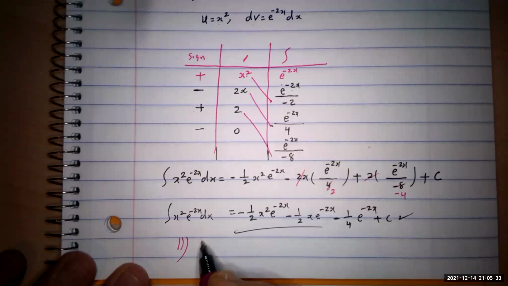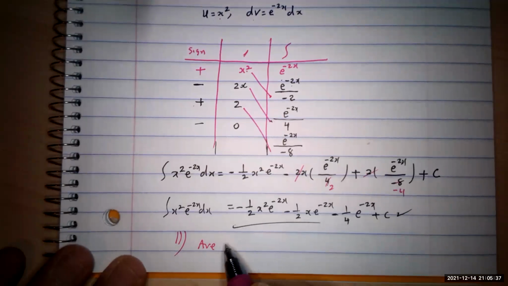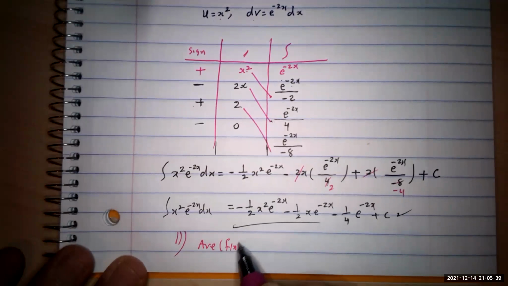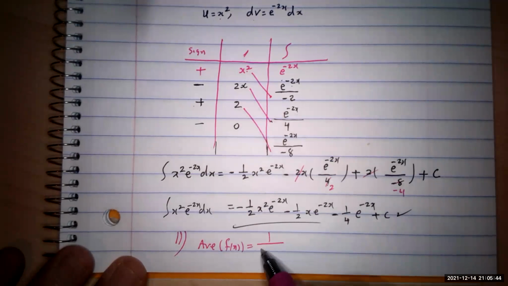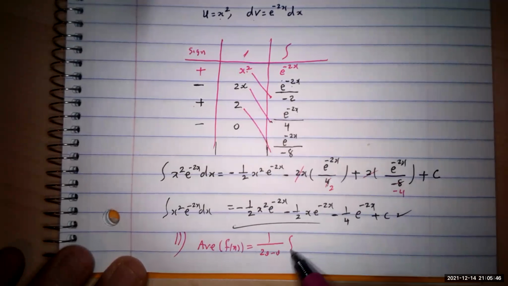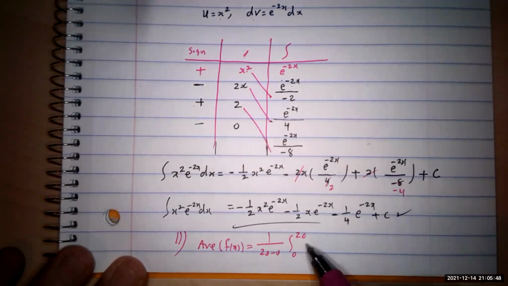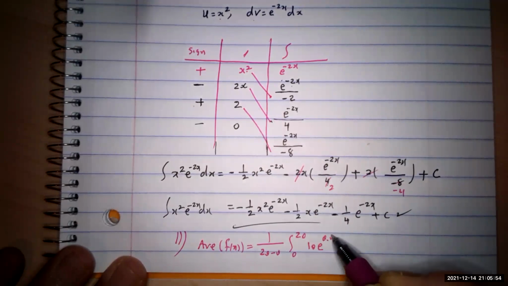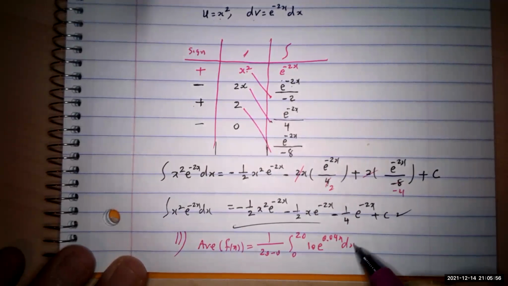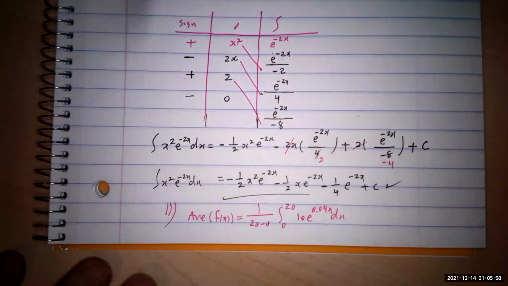Average value. You know that this is the average value of the function. In this case, it is between 0 and 20. We did this one: 1 over 20 minus 0, integral from 0 to 20, and the function is 10 e to the 0.04x dx. Just use the shortcut that I talked about.